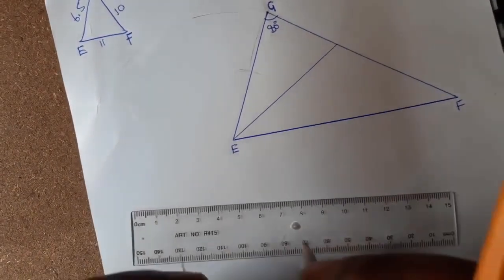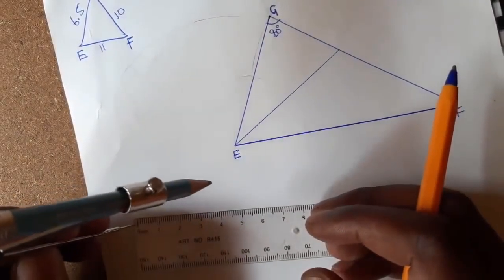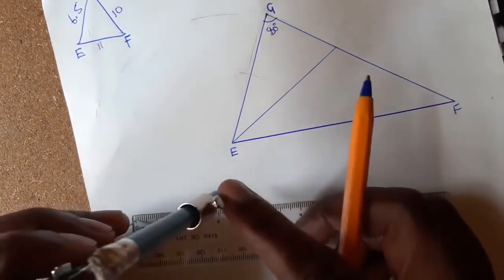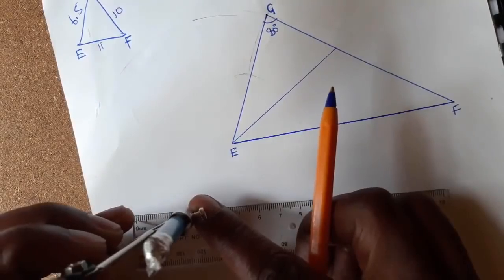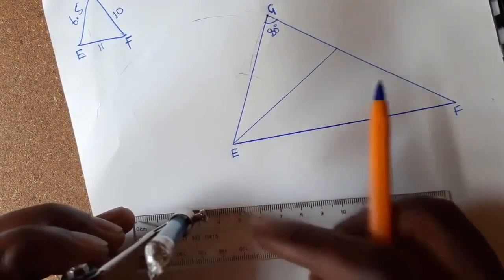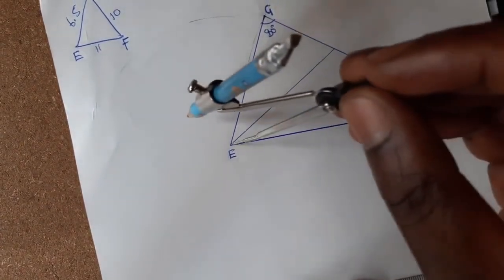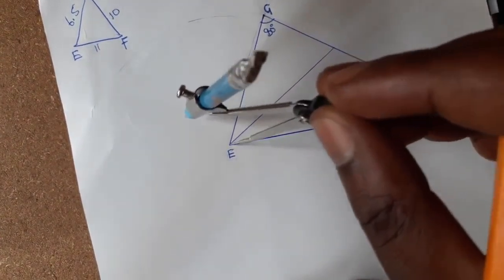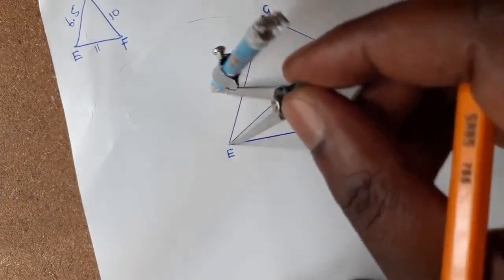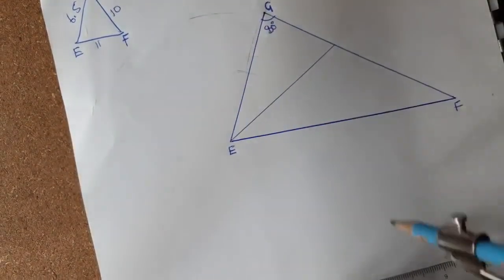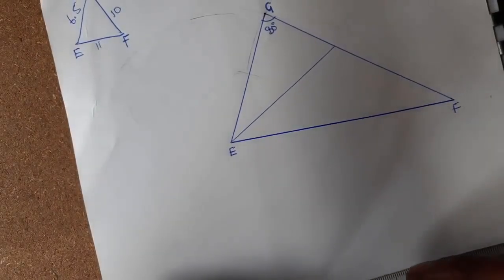So we get 2.5 centimeters here from the ruler, this is 2.5 here. Okay, so when we measure 2.5, we'll come here and draw an arc. Oh, yeah, maybe it has even moved.